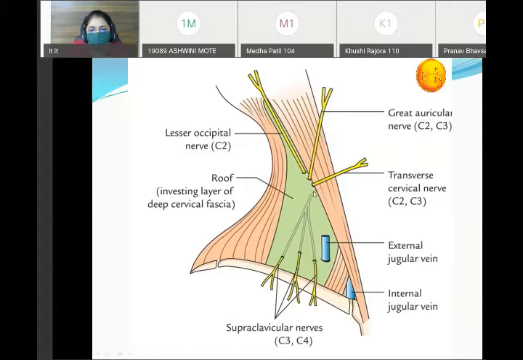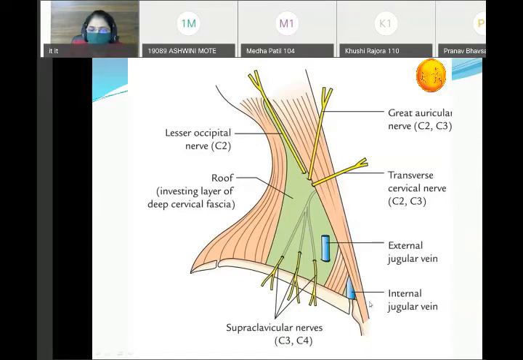Lastly, the supraclavicular nerves, which descend in the triangle, are divided into three branches: lateral branch, middle branch, also called the intermediate branch, and medial branch.